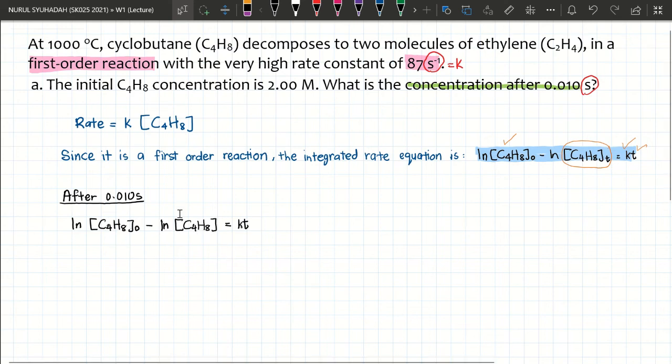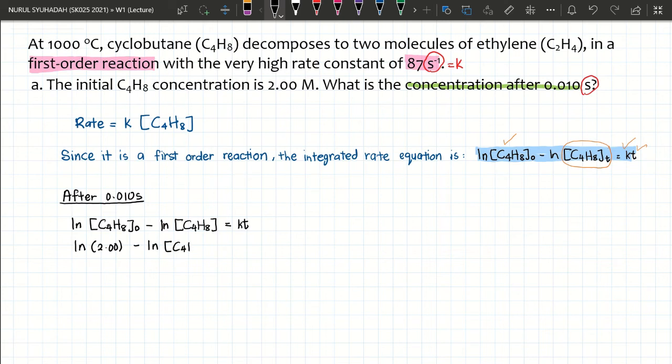After you have your equation, substitute all the values that we have. So the initial concentration: ln 2, minus the one that we want to find, ln [C4H8], equals our k, 87, and then our time. Make sure, like I said, the unit must be the same, is 0.01 second.